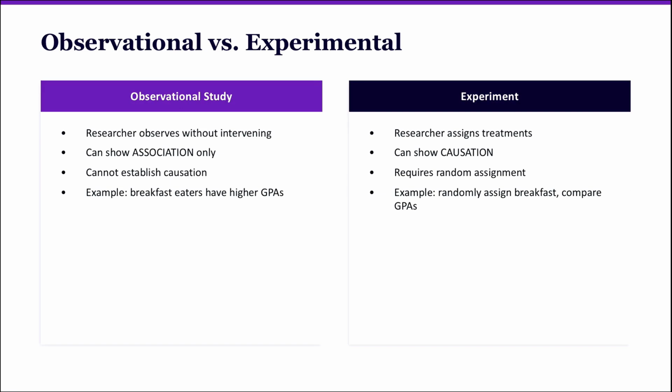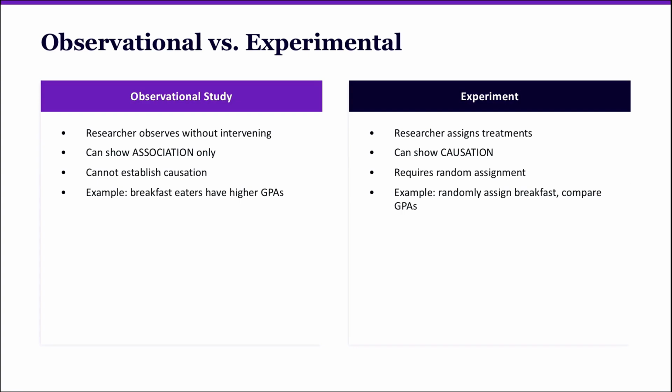For example, if we walk up to 100 people randomly chosen in a school and ask them if they had breakfast today and what their GPA is, and then we see a certain kind of correlation that people who actually eat breakfast tend to have higher GPAs, we can only establish that as a correlation or association, but we cannot claim causation. That is, we can't claim that eating breakfast can lead to higher GPAs. So that's an observational study.